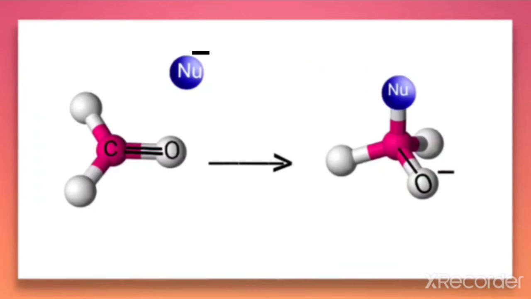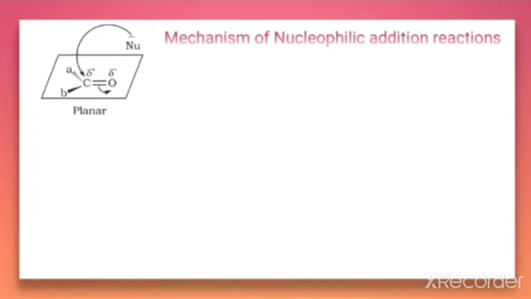It can be better explained in this way, as given in the textbook. The nucleophile attacks the partially positively charged carbon atom, and this attack is perpendicular to the plane of the sp2 hybridized carbon.